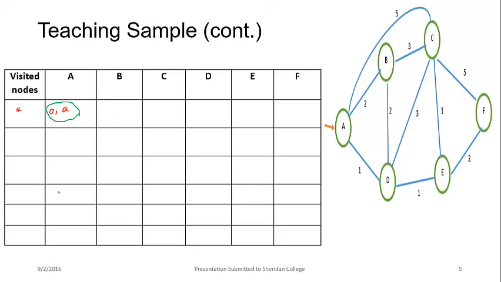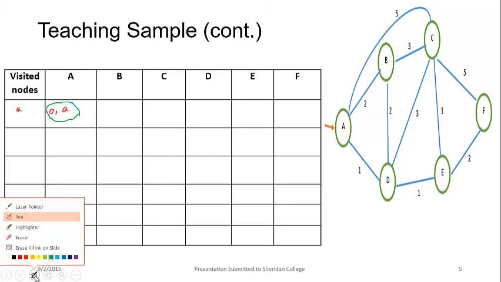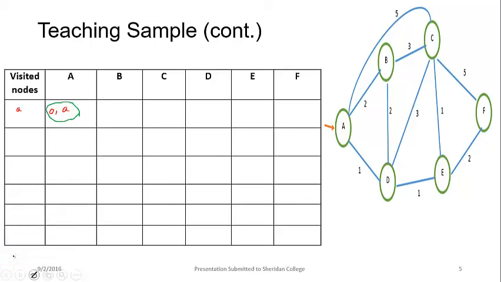Now I can go from A to B. From A to B, it takes me 2 units of distance to move. So from A to B, I need 2, A. So 2 units of distance.